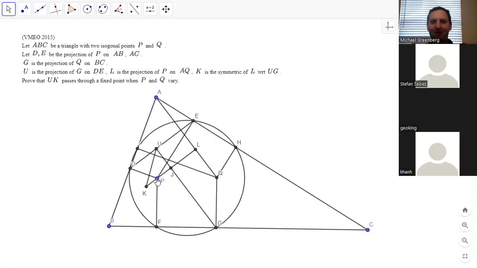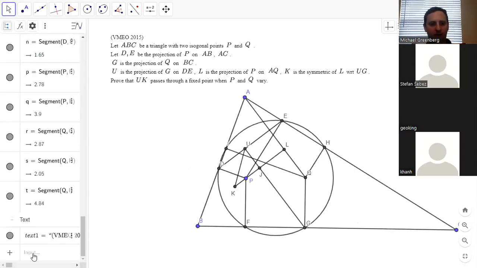This seems hard. To me, this looks hard. What do you guys think? You label the orthocenter. Yeah, I think it's a little hard, but we should draw the orthocenter and try to prove it first. Okay. It doesn't look impossible.